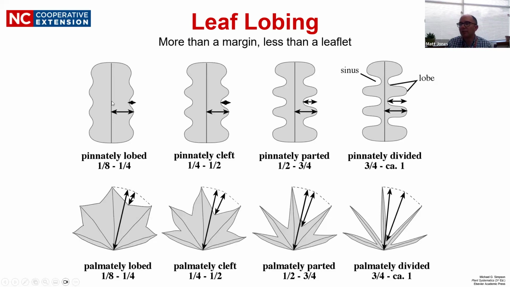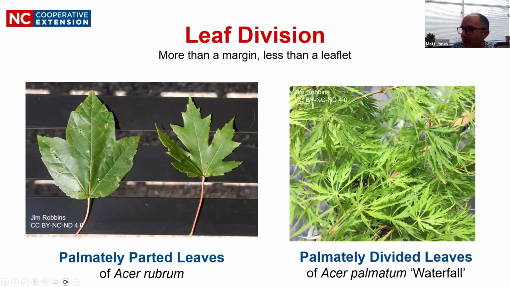So compare the lobes of our native red maple, which you might define as, what would you call that? A quarter to half.